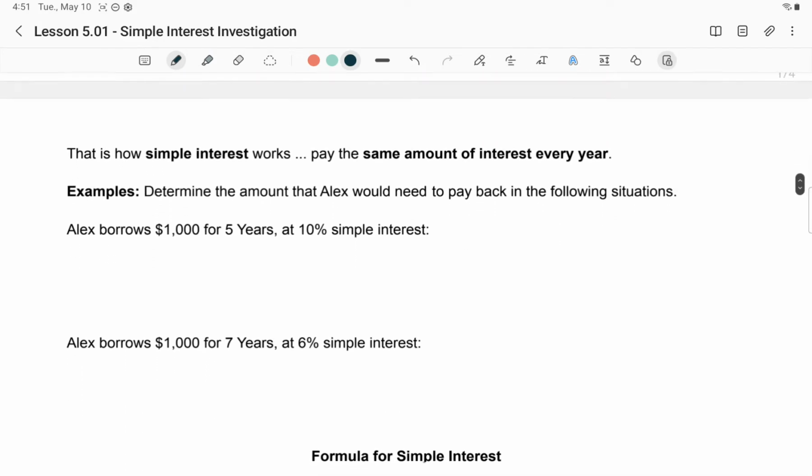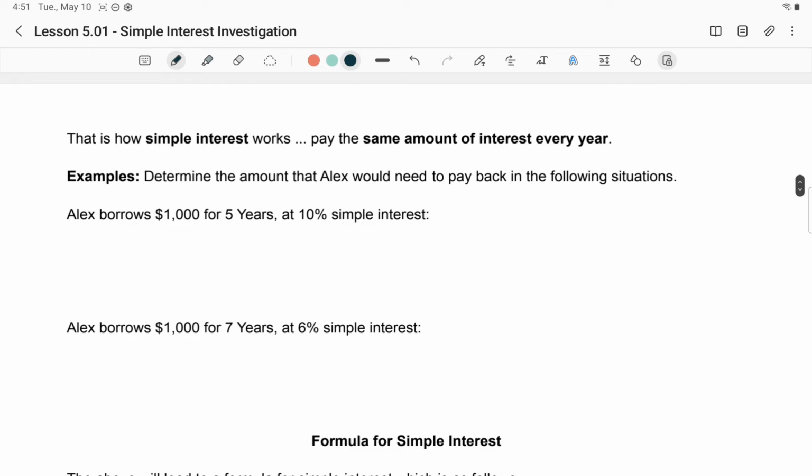So what if Alex decided to borrow $1,000 for 5 years? Again, this time at 10% simple interest. So again, we know from above that for 1 year, it was $100 interest.